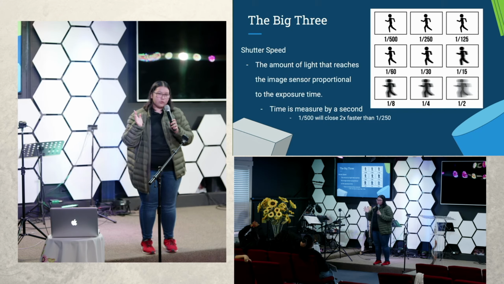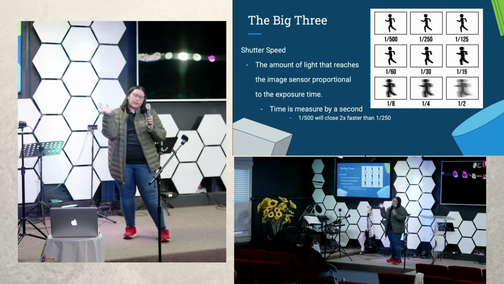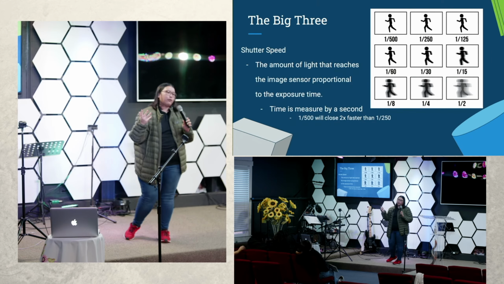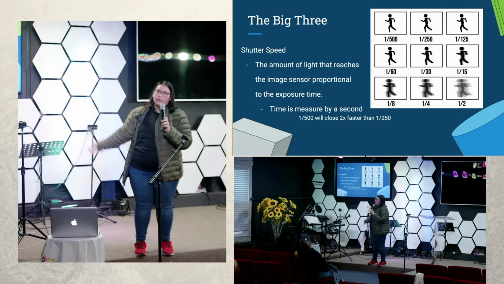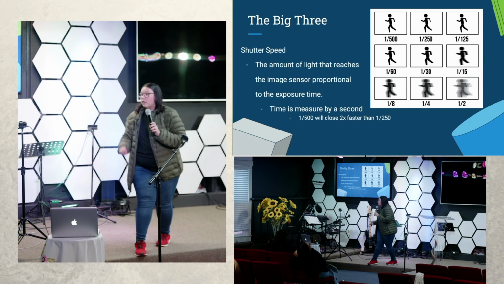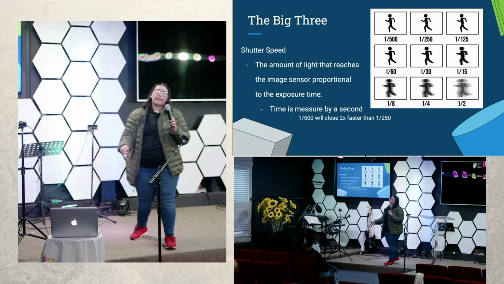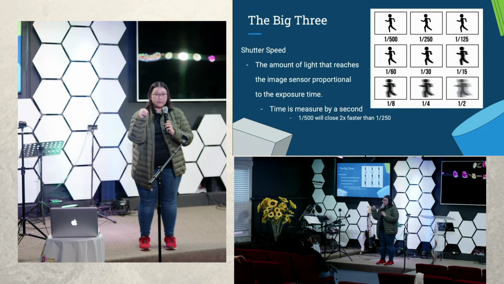If the shutter is too fast, not a lot of light gets in. If you use the smaller one, it's slower, but a lot more light gets in, because instead of closing like that, it closes like this, and there's light in there.